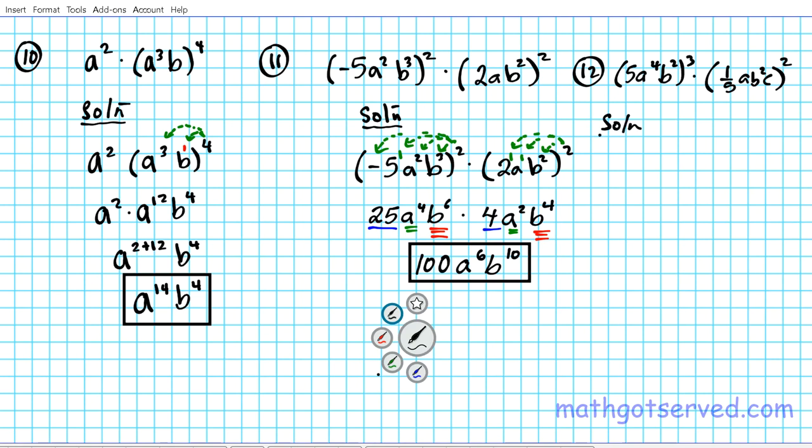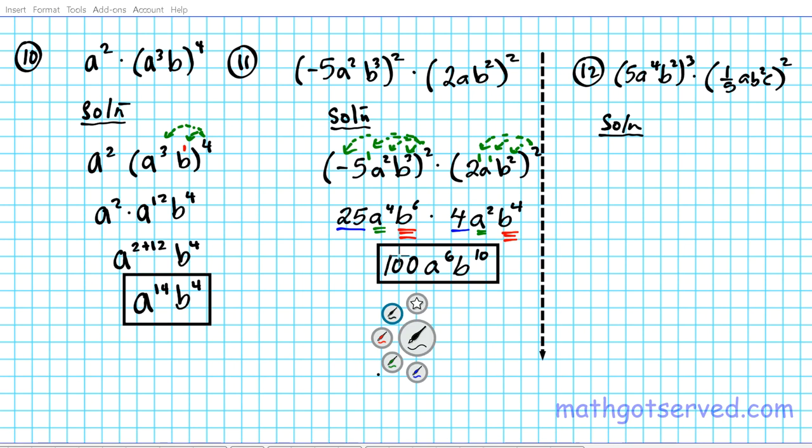Okay, so let's go ahead and do it. I'm going to put up a partition here so we don't get our work mixed up. So we're looking at 5a to the 4th b squared raised to the 3rd power times 1 over 5 ab squared c raised to the 2nd power.